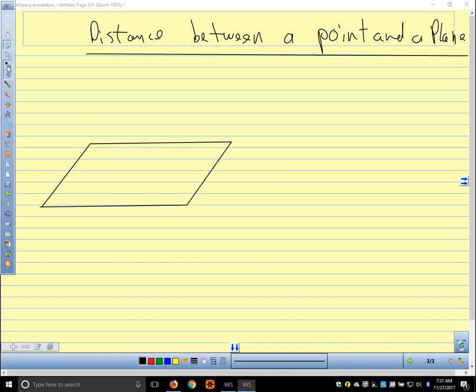Here's a point on the plane, P. Here's a point that's not on the plane, Q. And here is our normal vector. So there's n. And the distance that we're interested in is this distance here.